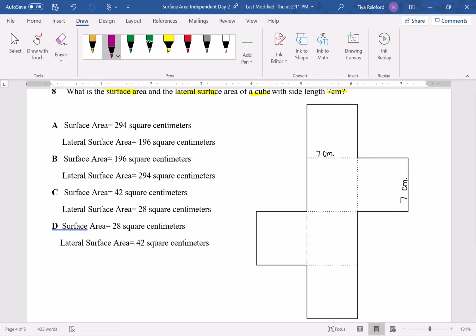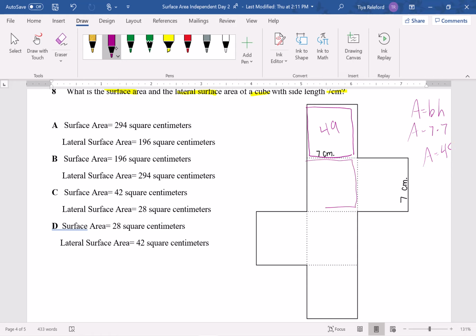So we want surface area and lateral surface area. So if we do surface area, each side of this cube is 7 centimeters, right? So area of one side of the cube is 49. It's a cube.